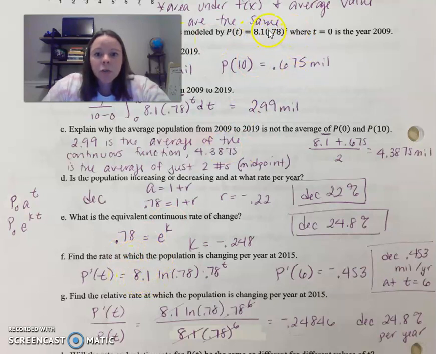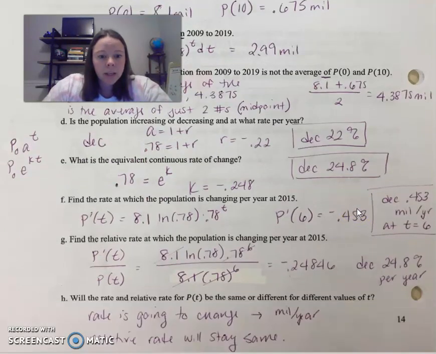But when it's an exponential, it's natural log of the base times the original exponential, and then times the derivative of the exponent, but that's just 1. And then because we're starting in 2009, that's t equals 0, we're going to plug in 6 into our derivative to get that instantaneous rate of change. And remember, don't forget to include the units, right?